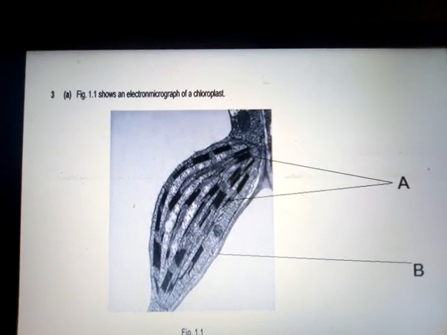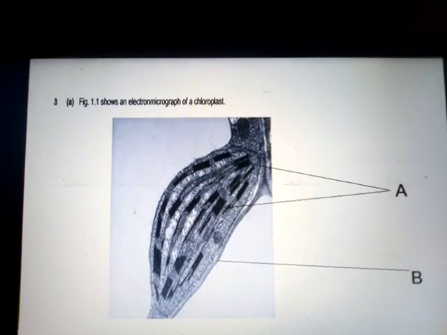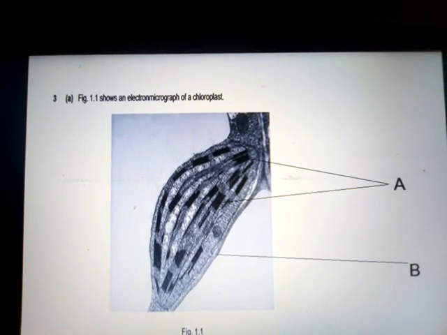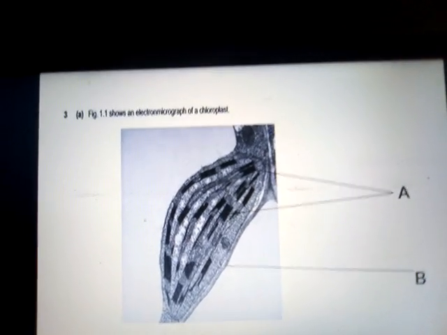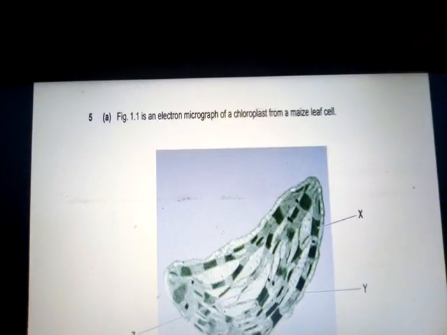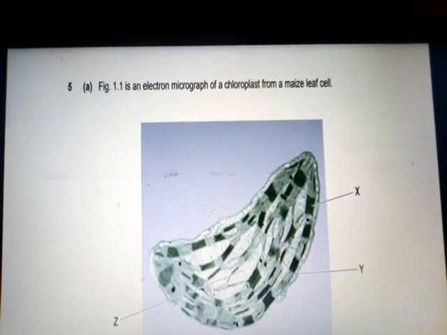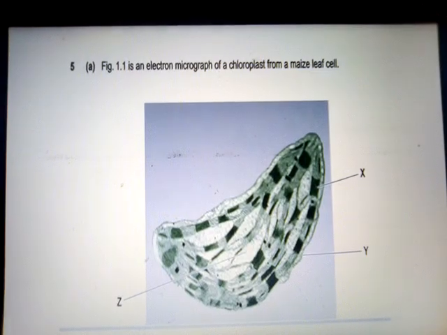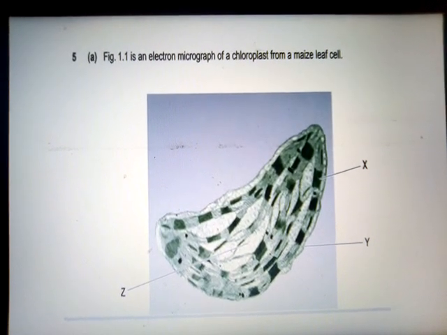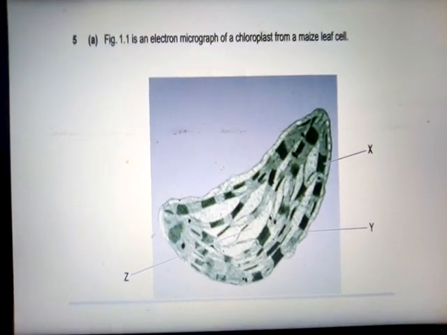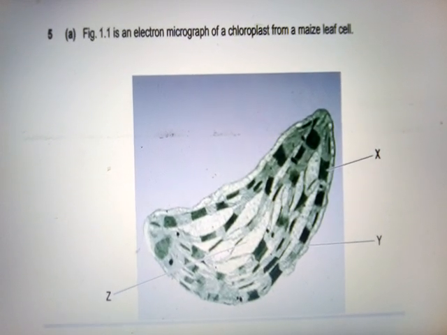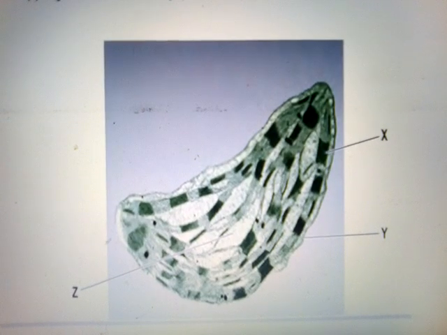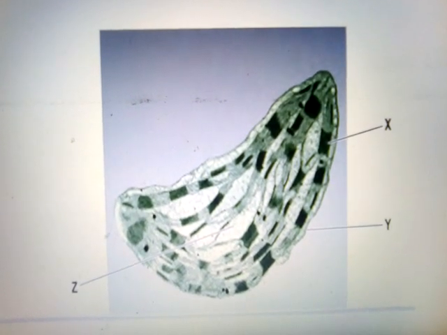Figure 1.1 shows an electron micrograph of a chloroplast, from a maize leaf cell. Identify the parts X, Y, and Z.